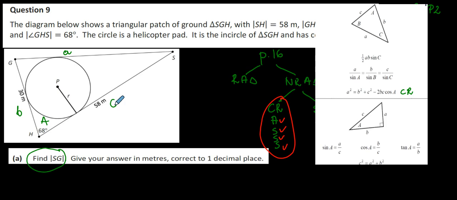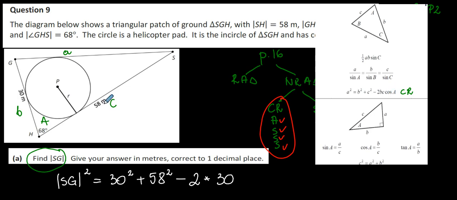So now all we have to do is put numbers in place of the letters. A is the one we are looking for, so that's going to be SG to the power of 2, which will equal B. In our case that is 30, so 30 to the power of 2, plus C. C is 58, so 58 to the power of 2, minus 2 multiplied by B, which is 30, multiplied by C, which is 58, and then multiplied by the cos of A, and A is 68.